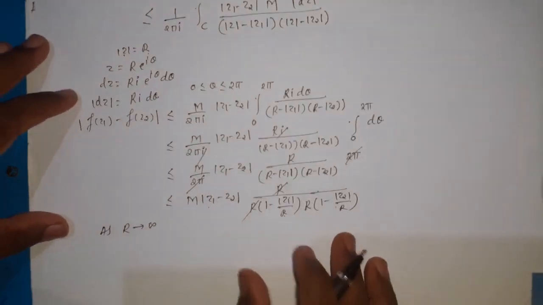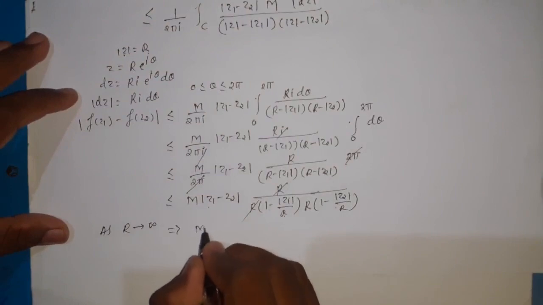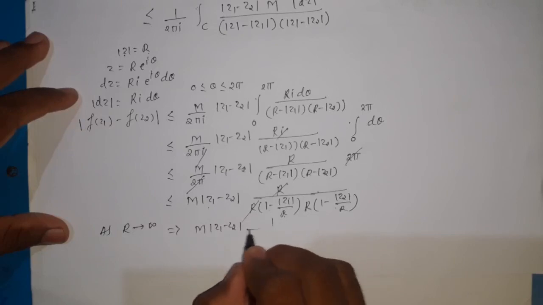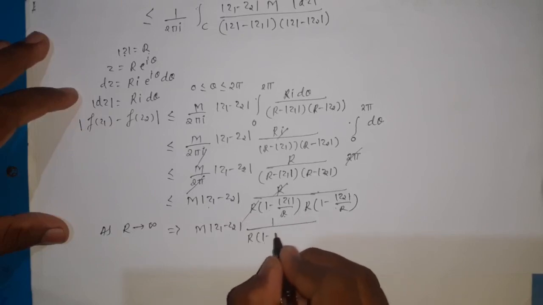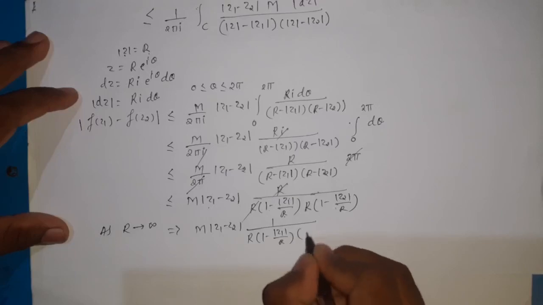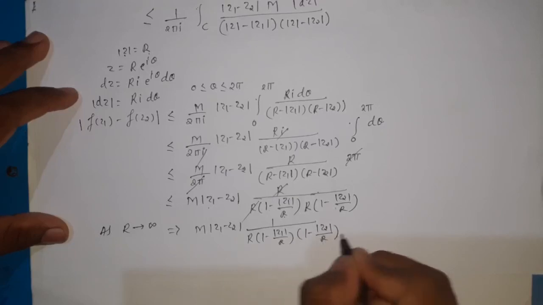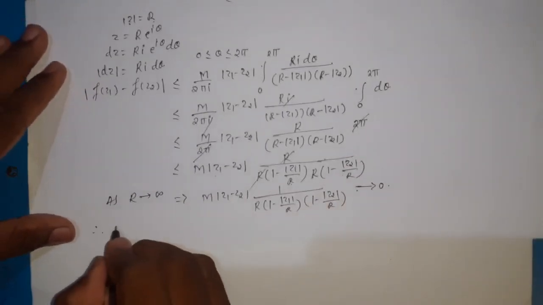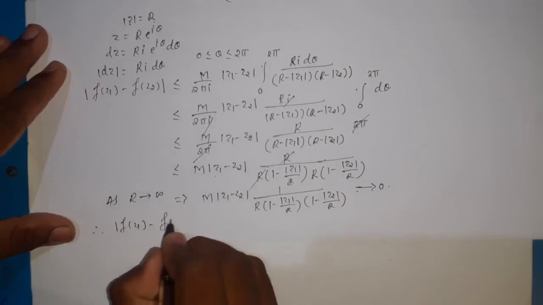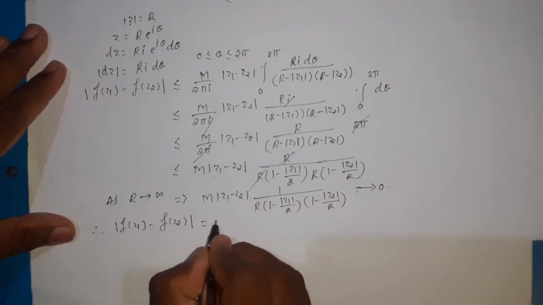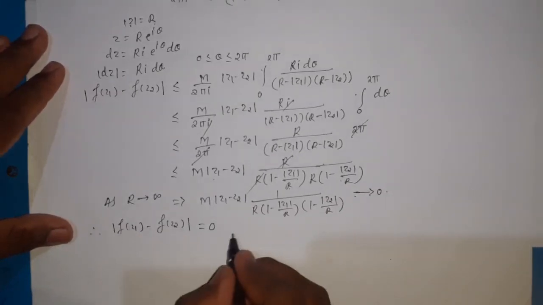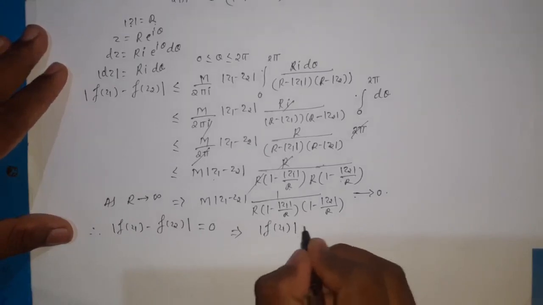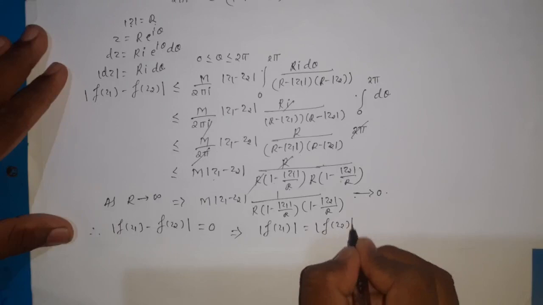So as R tends to infinity, it implies that M into mod z1 minus z2 into 1 divided by R into 1 minus mod z1 by R into 1 minus mod z2 by R tends to 0. Therefore mod f of z1 minus f of z2 is equal to 0. If this difference is equal to 0, then mod f of z1 is equal to mod f of z2.